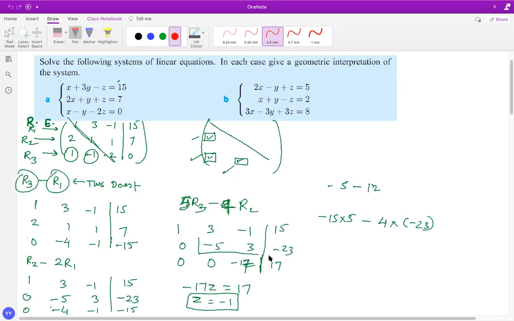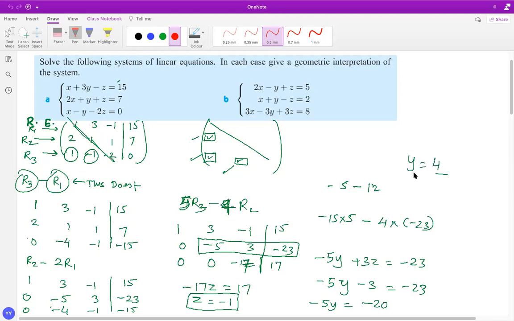My second equation is here: negative 5y plus 3z equals negative 23. If I plug in z as negative 1, negative 5y minus 3 equals negative 23, and this gives you negative 5y equals negative 20. So that is nothing but y equals 4.